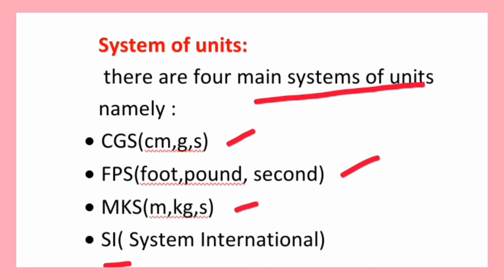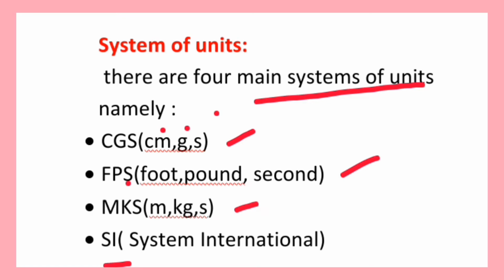CGS stands for centimeter, gram and second. FPS is foot, pound and second, whereas MKS is meter, kg, second, and SI system is Système International.